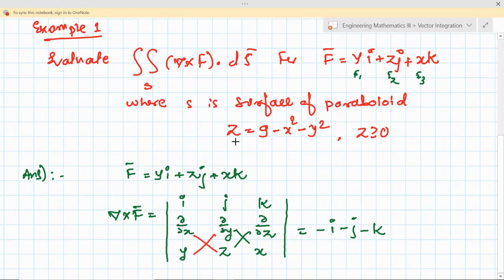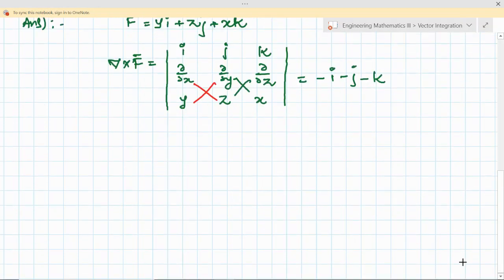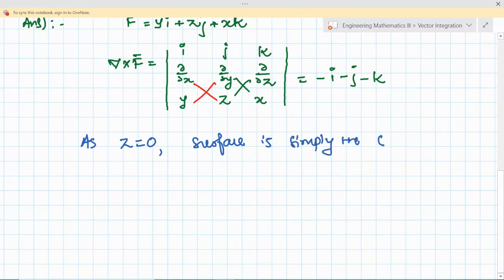Therefore, if we put z is equal to 0, what do I get? At z is equal to 0, our surface is simply the circle x square plus y square is equal to 9 in the xy plane. Am I right?